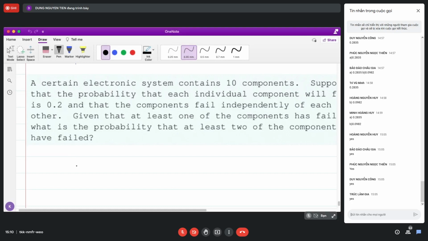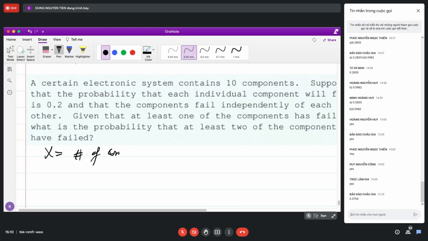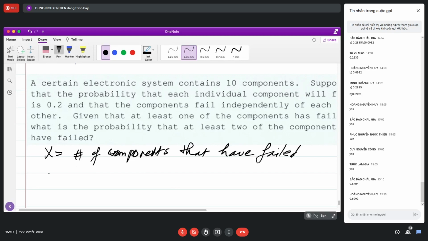So what do you get? Now suppose that X is the number of components that have failed. Then you see that X follows a binomial distribution because there are 10 components, right? And the probability that each component will fail is 20%, correct? And they are all independent.